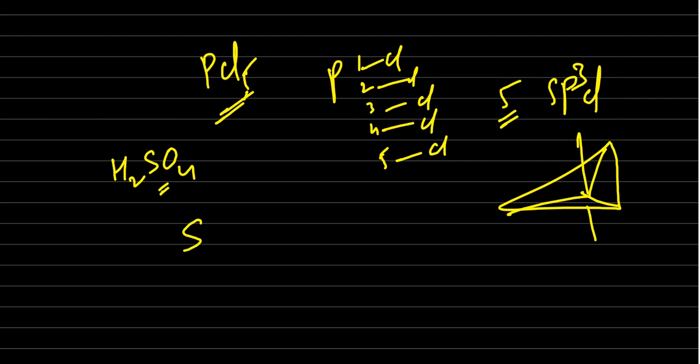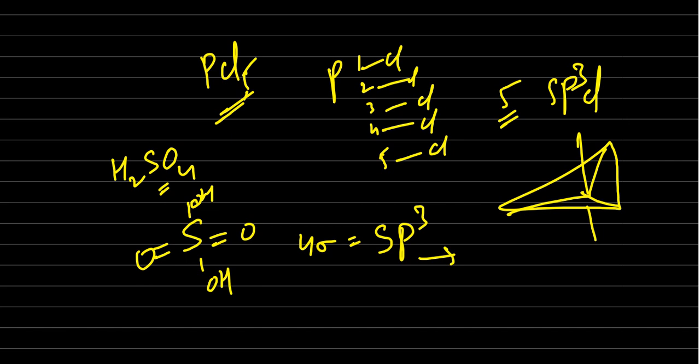How many valence electrons are there? If you know the structure, with OH, OH, directly 4 sigma bonds are there. So 4 sigma bonds means sp3 hybridization, tetrahedral geometry. Okay, you can do it easily like this.